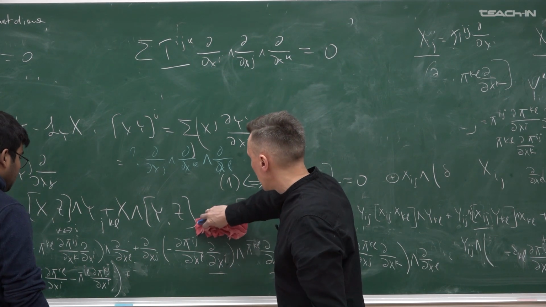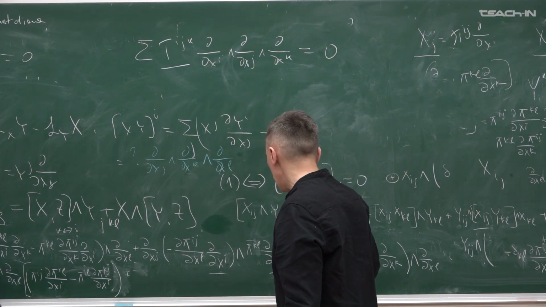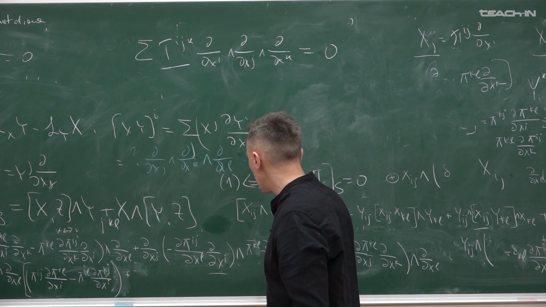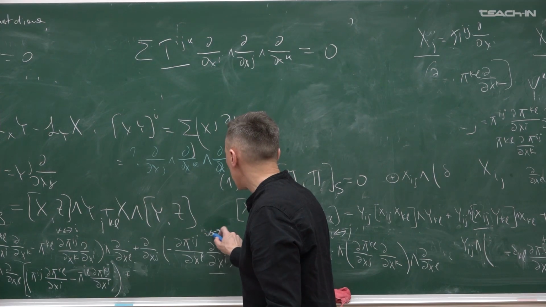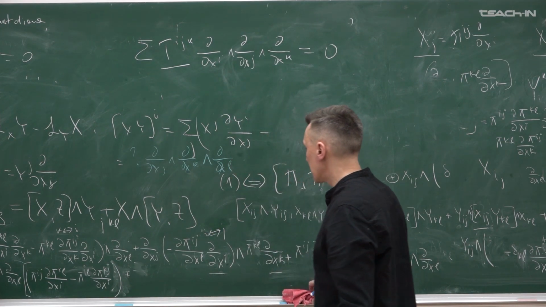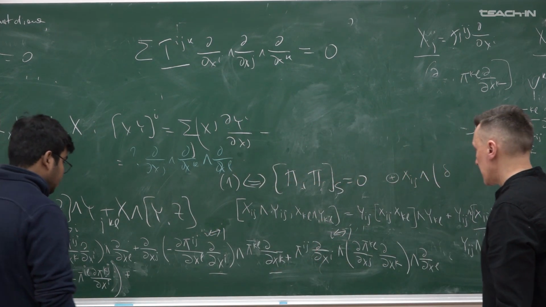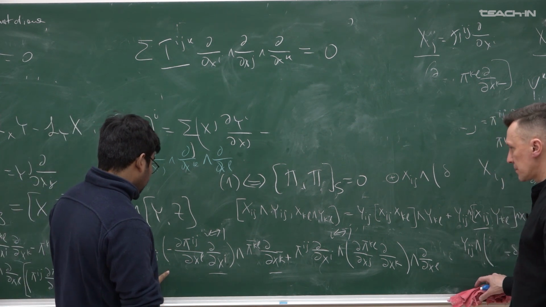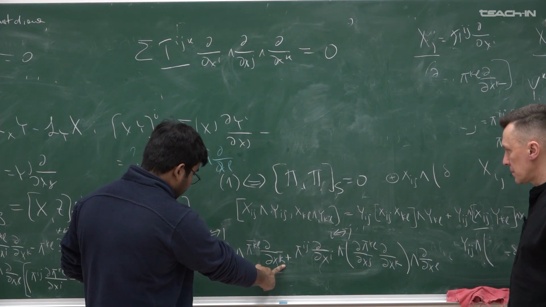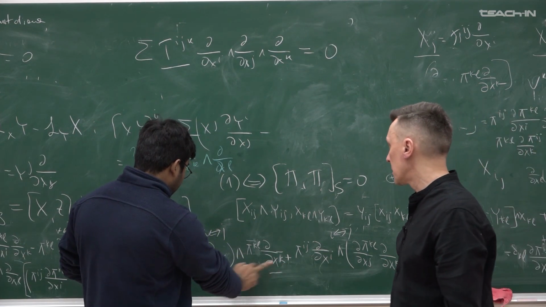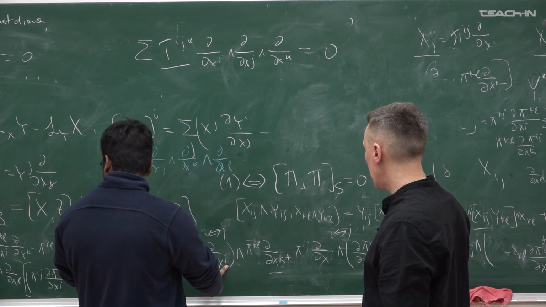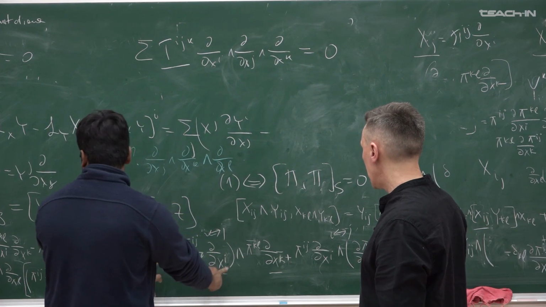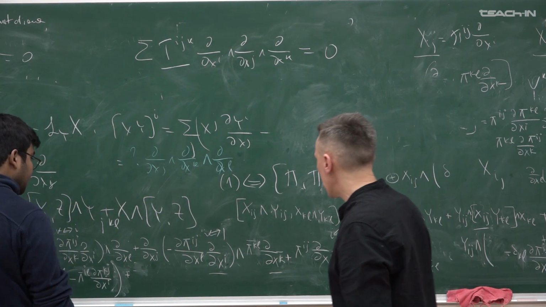You see? K and l are good. So here we have to exchange i and j. So we have k and j already, and from here we change i to j. No, i to l. L should be.